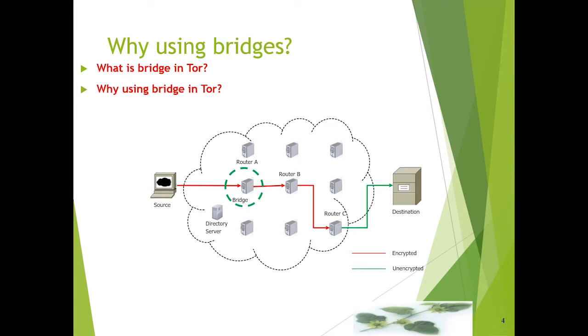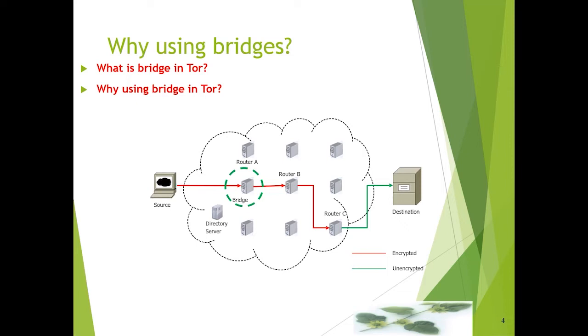Thus, blocking Tor is as simple as blocking connections to those known Tor routers. To resist the censorship blocking of public Tor routers, bridges were introduced in Tor. A bridge can act as the first hop relaying user traffic into the core Tor network.